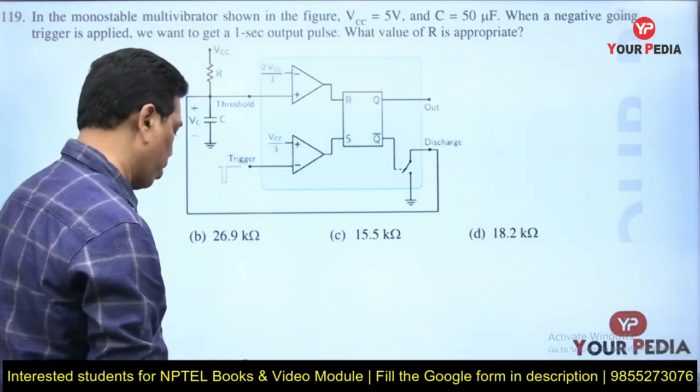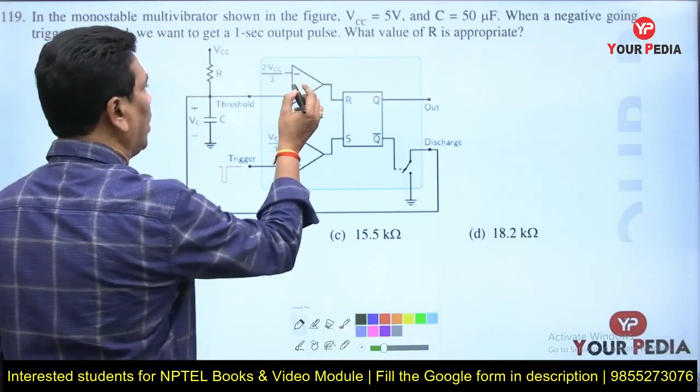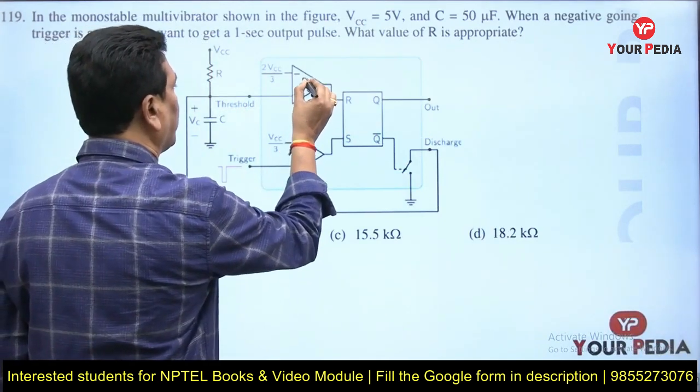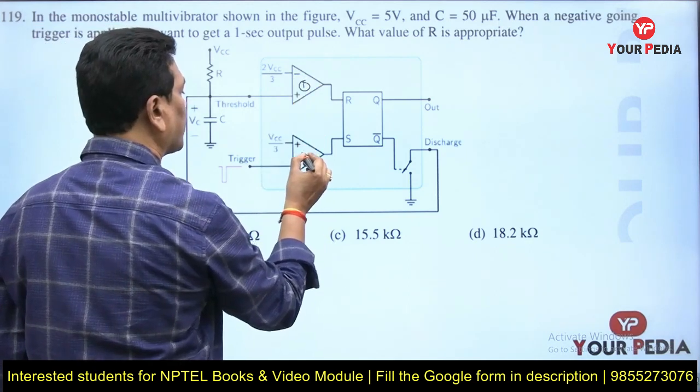Let me name these. Suppose this is comparator 1, and this is comparator 2.